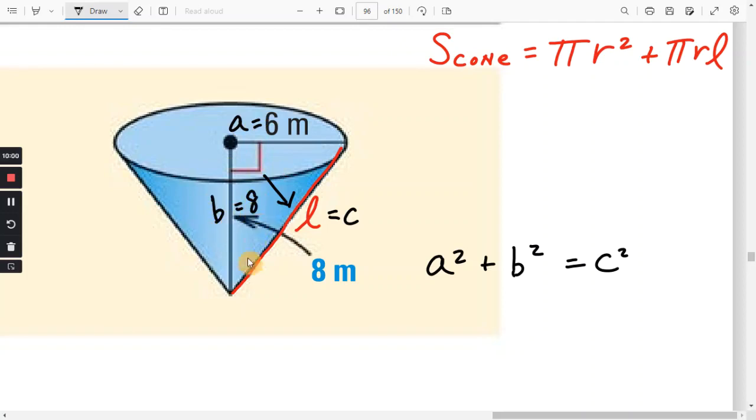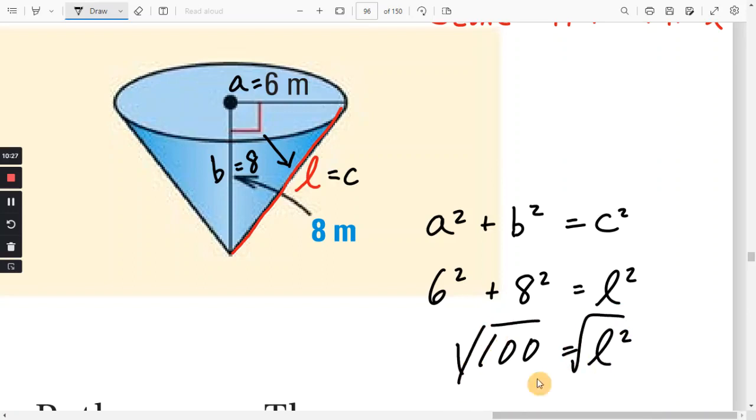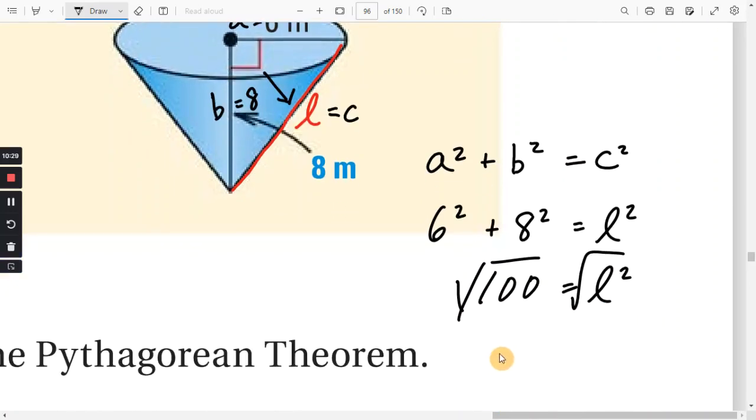That's 8. So a squared is going to be 6 squared. B squared is going to be 8 squared. And c squared is going to be L squared. Okay, you can do this on the calculator or just take the square root of both sides from here. I know this is 36 plus 64, so that's just 100. And that equals L squared. And now taking the square root of both sides, square root of 100 is just 10, and that equals L.